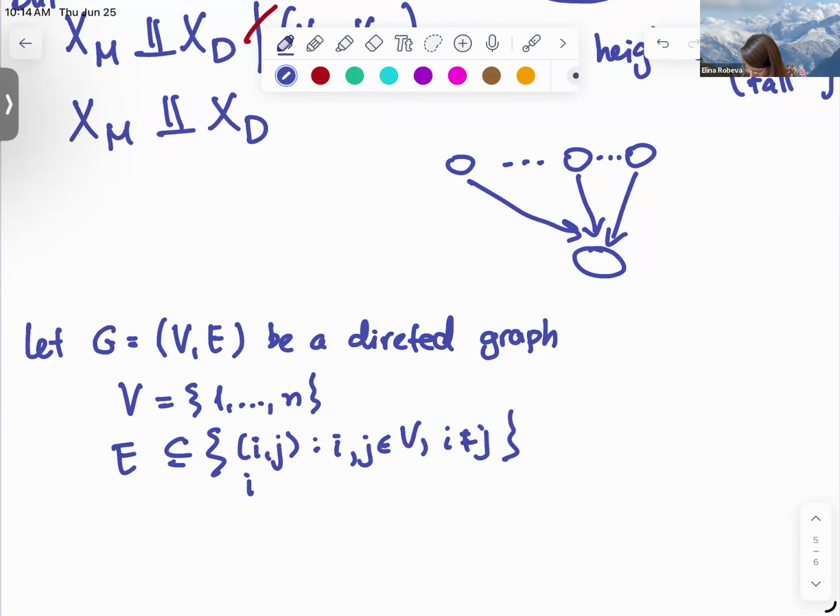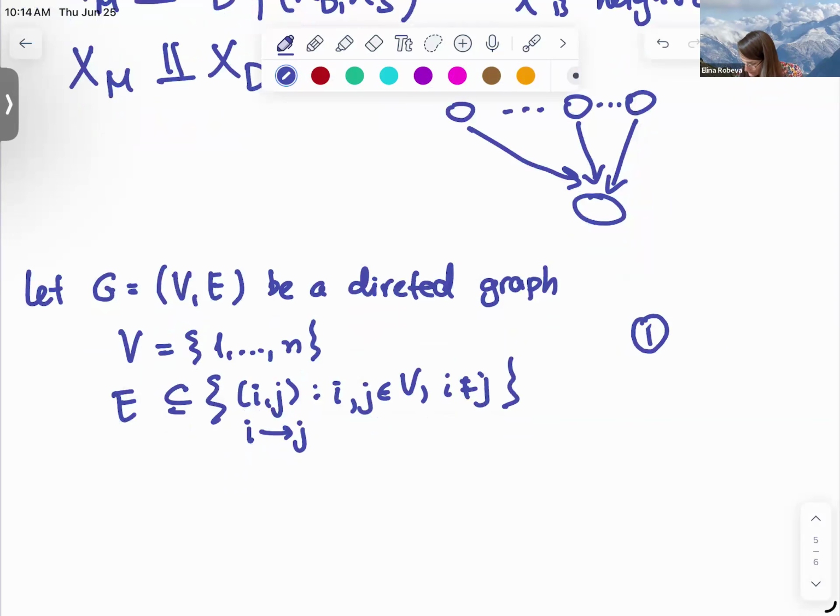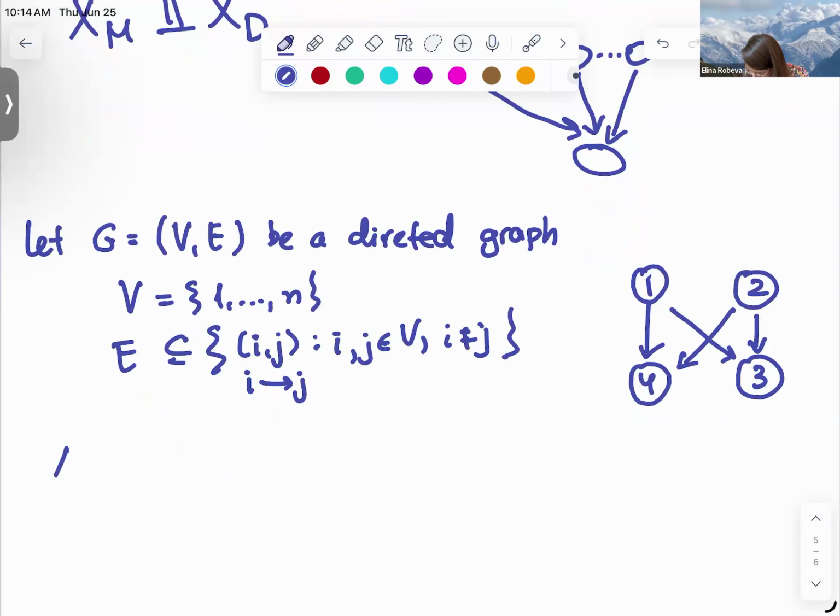Sometimes we denote it by i arrow j. For example, we had this graph just now. And again, we're going to have random variables X_i for i in V.